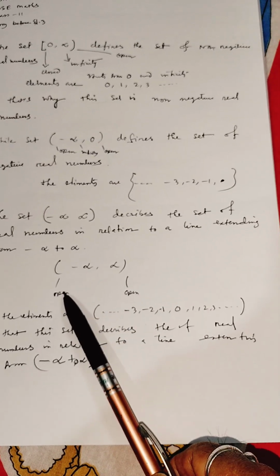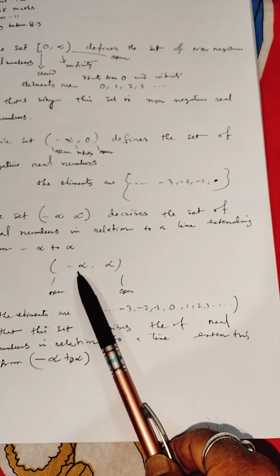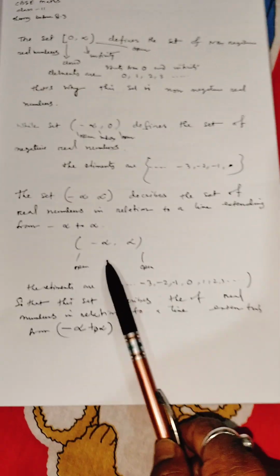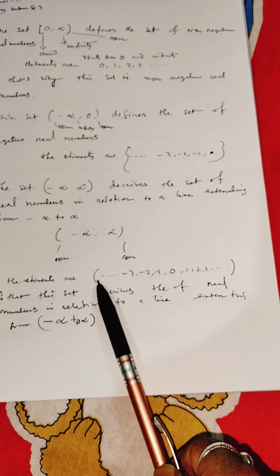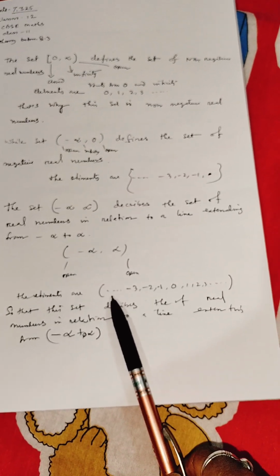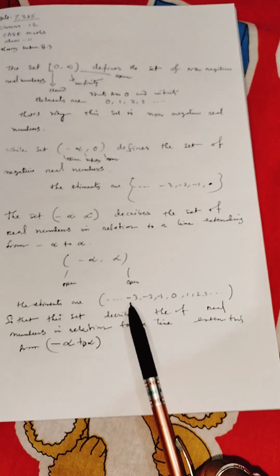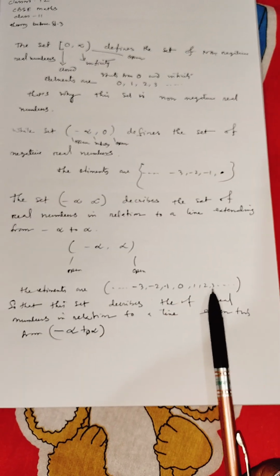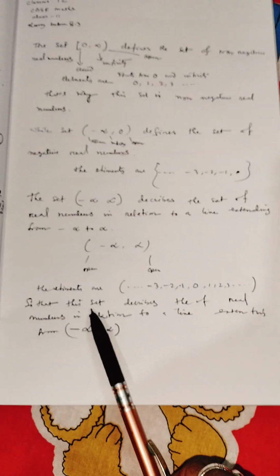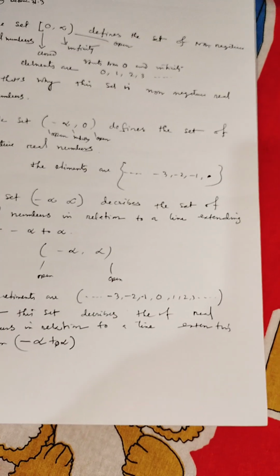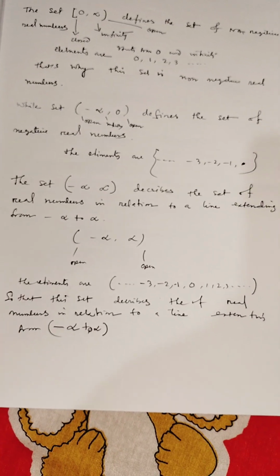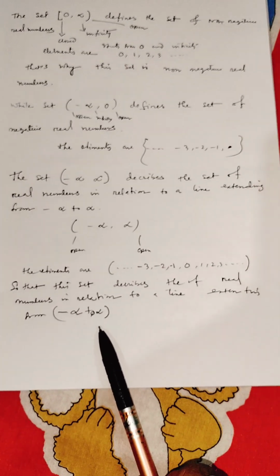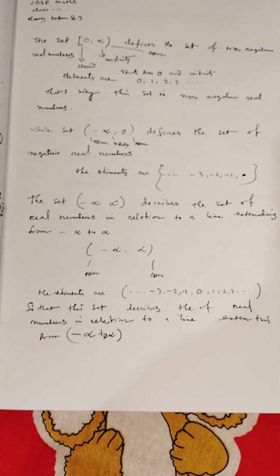That means it is open, so it does not include the endpoints. The elements are from minus infinity, dot dot dot, minus 3, minus 2, minus 1, 0, 1, 2, 3, up to infinity. So the set describes the real numbers in relation to a line extending from minus infinity to infinity. Understood, my students?